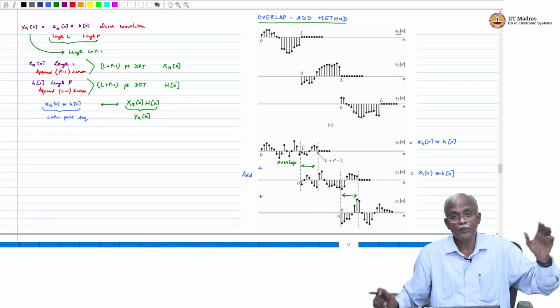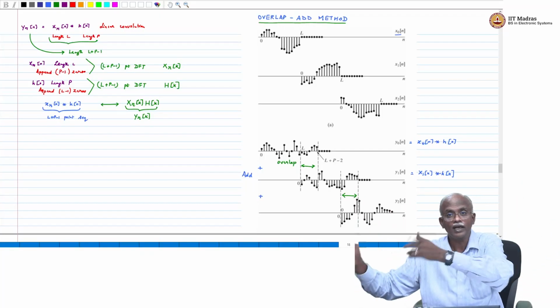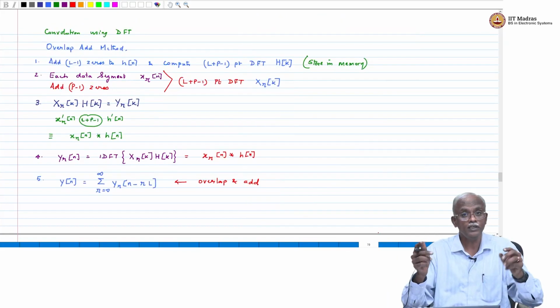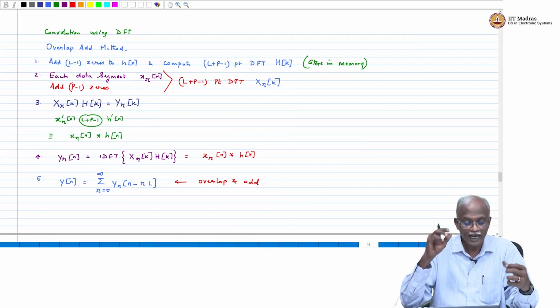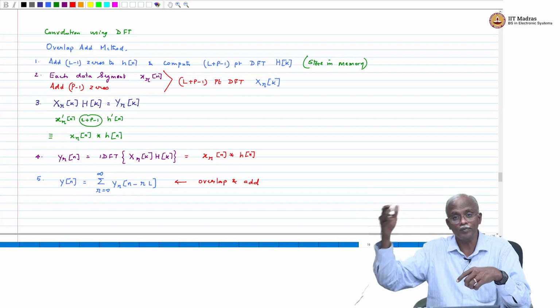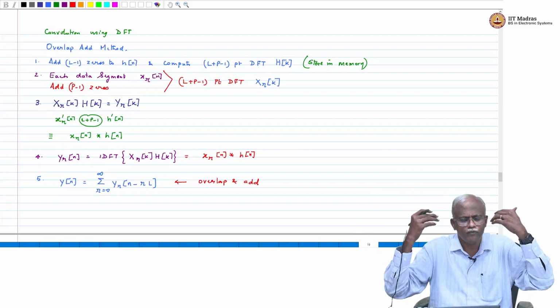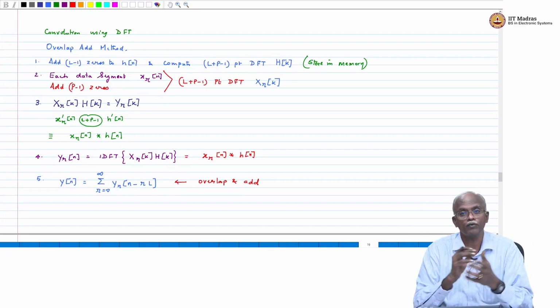Advantages: you don't have to wait for the entire sequence to come in, you can compute the output in segments. Second, the computation of the linear convolution in the time domain will require a certain number of computations. If you do it in the DFT domain, which we will now move from DFT to the fast Fourier transform, then we will get a very, very significant reduction in terms of the number of computations.